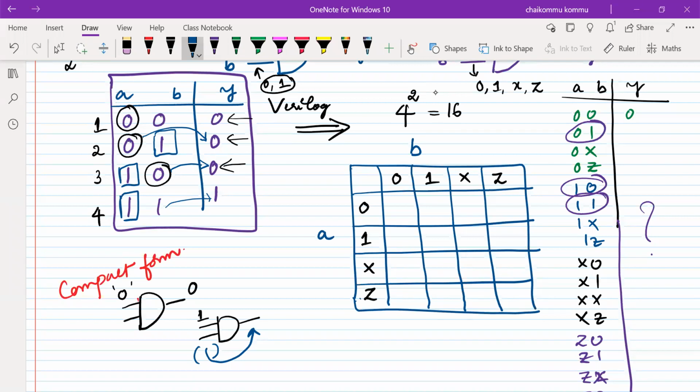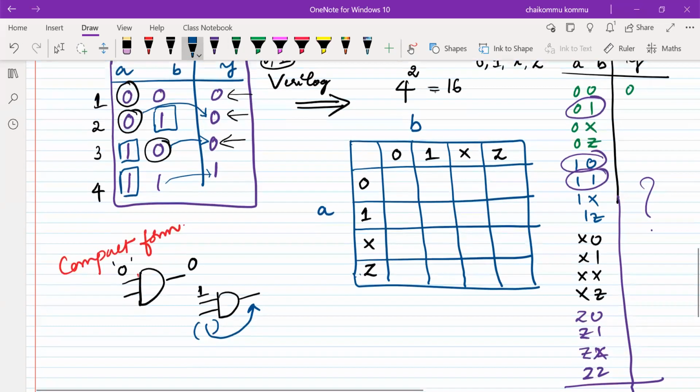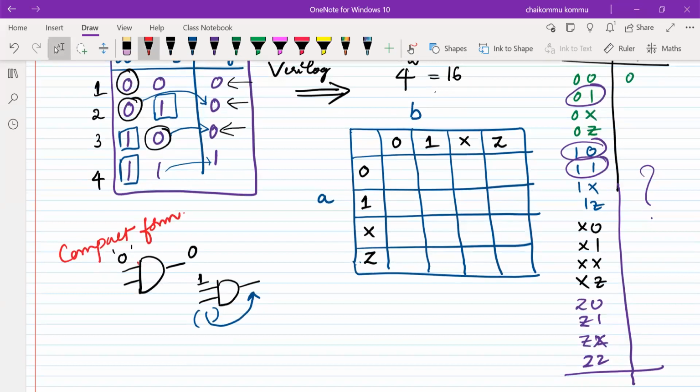Let us look at this particular truth table formation. If any one of the inputs is equal to logic 0, it does not depend upon the B signal. The output is 0, 0, 0, 0.